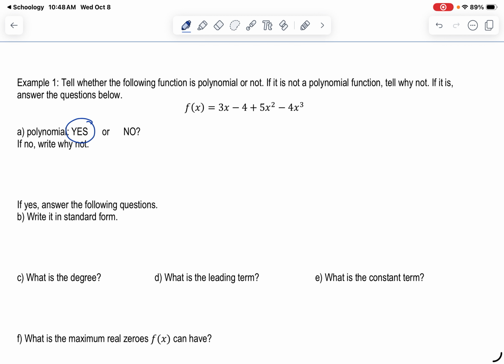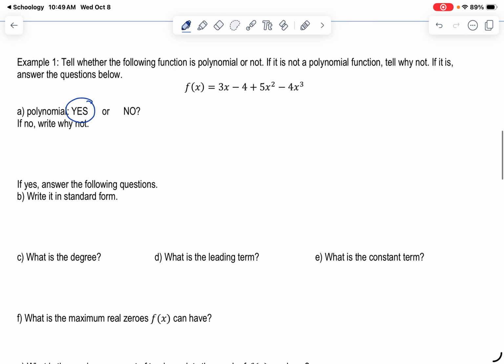And the reason why is it's in the form f of x equals, it's expanded, it has real coefficients, and it has non-negative exponents. I always want to say positive, but 0 is also one that works.